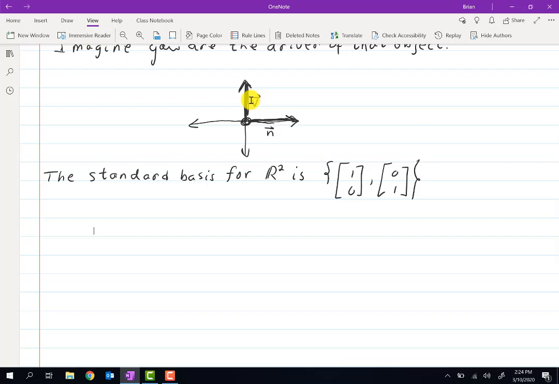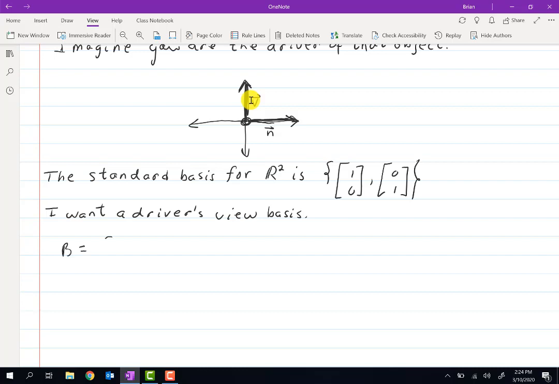Now I want a driver's view basis. So here's what I want.